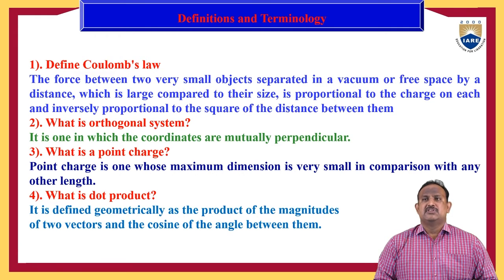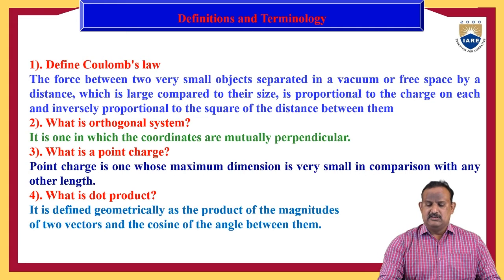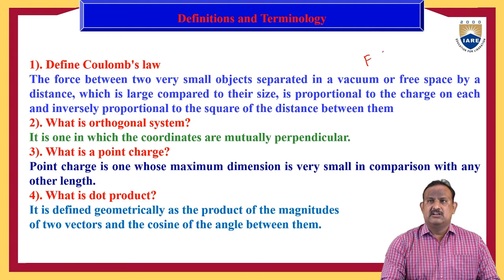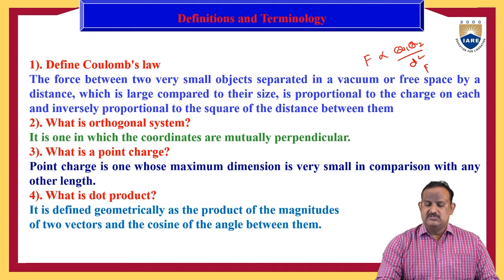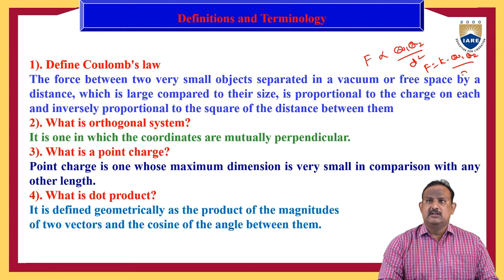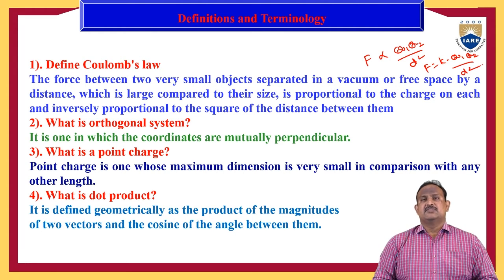It is proportional to the charge on each and inversely proportional to the square of the distance between them. So we can write F is directly proportional to Q1 Q2 by d square, or F is equal to some constant K into Q1 Q2 by d square. So it is a definition of Coulomb's law.